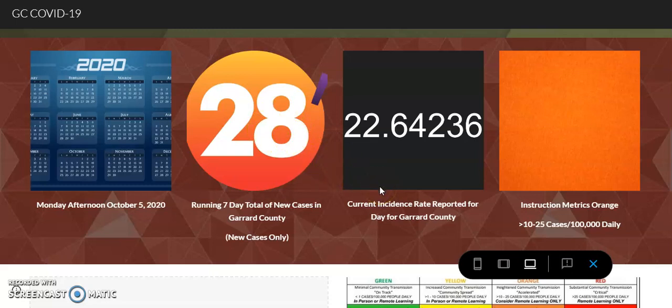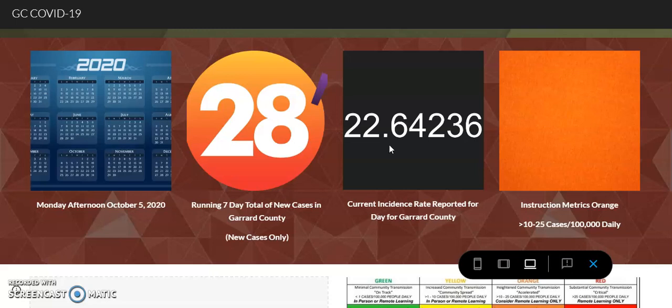For us, that's 17,666. When you get that figure, you multiply it by 100,000, and that would tell you if we had 100,000 folks in the county that we would have averaged 22 cases for that day, or actually 22.64236.